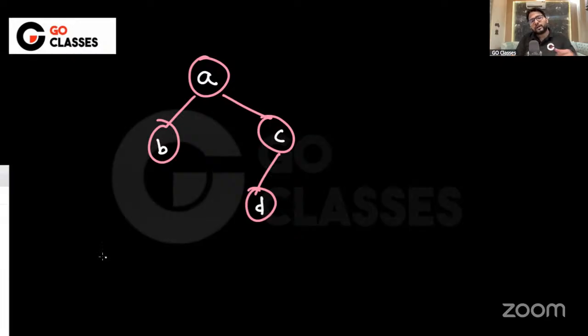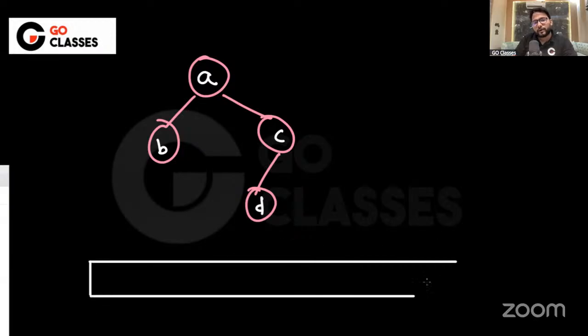So they are saying you take an array where A is stored at the first place, which is position 1. If it is position 1, its left will be stored at double of it, and right will be stored at 2i plus 1.